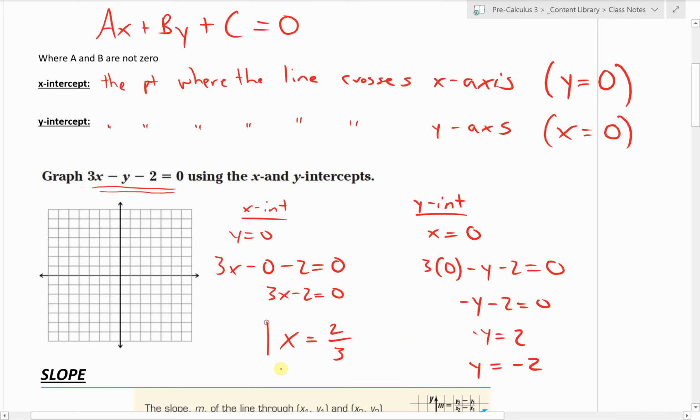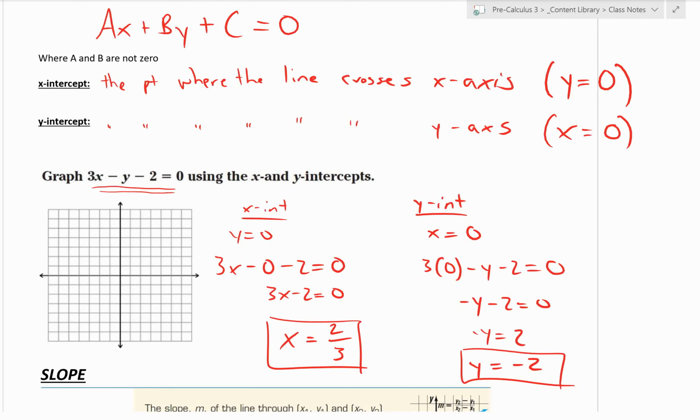So this is our x-intercept and our y-intercept. And now I can just plot these 2 points on my graph, and I will be able to draw a line connecting the two. Maybe to make our scale line up a little bit better, I'll make 3 boxes correspond to 1 unit.